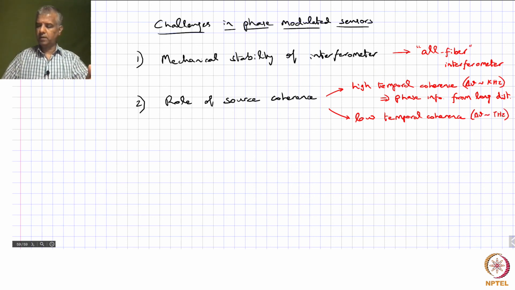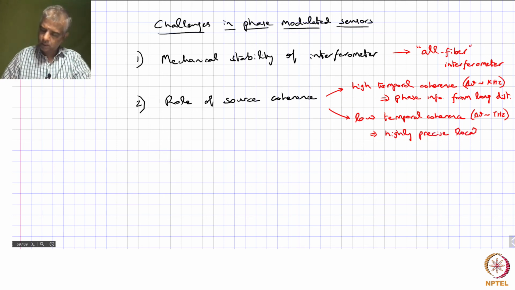If you're talking about something the order of tens of nanometers, you're essentially looking at terahertz type of spectral width. So we saw that is quite useful for highly precise, localized information, right? So that's what we saw so far.